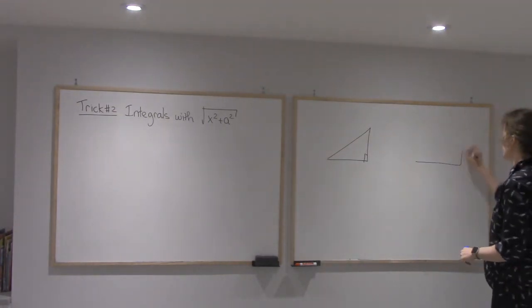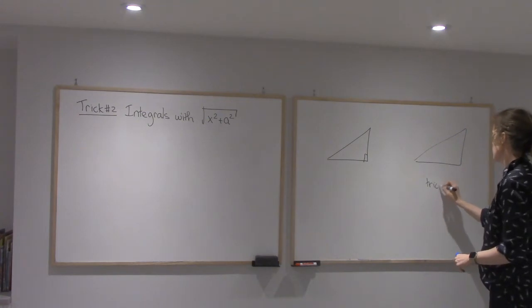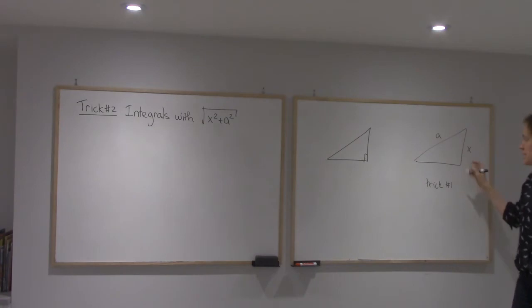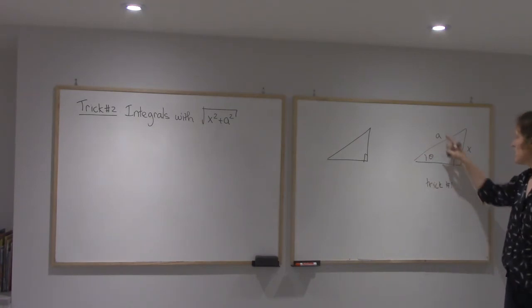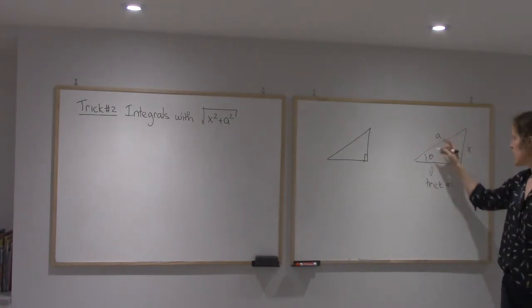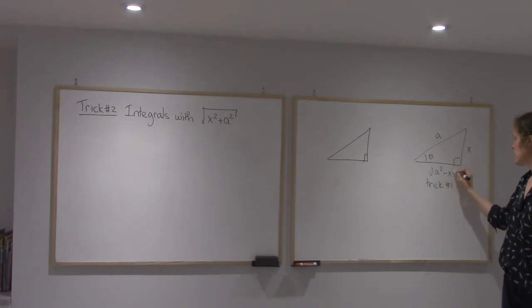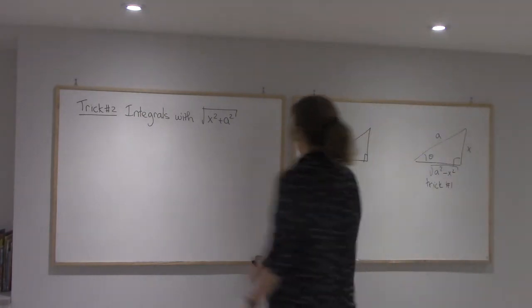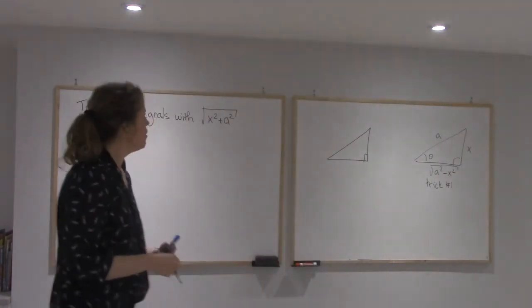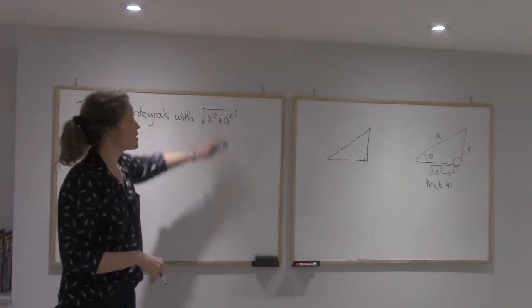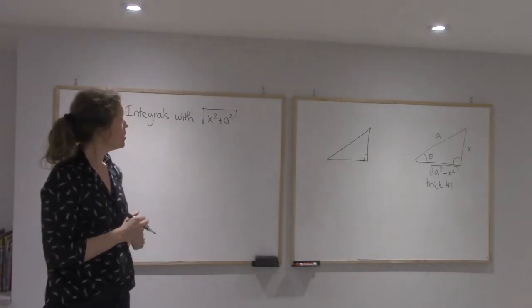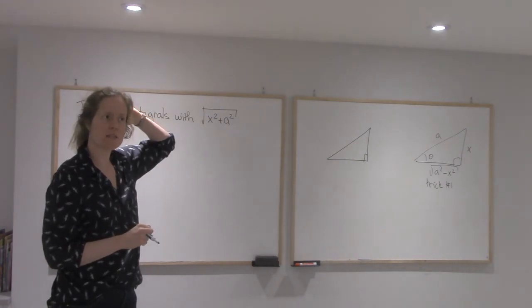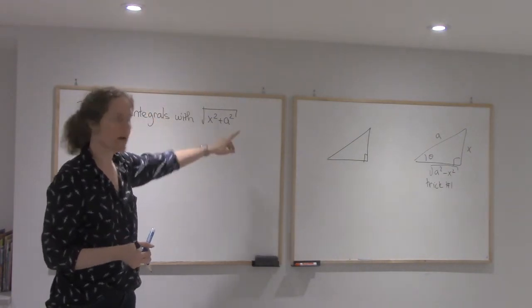So in trick number 1, we place x here, a here, and the third side was the square root of a squared minus x squared. Now, to solve integrals like this, we want to build another triangle, but where one of the sides is something like this square root. Well, since both are positive, that means the side with the root should be the hypotenuse.